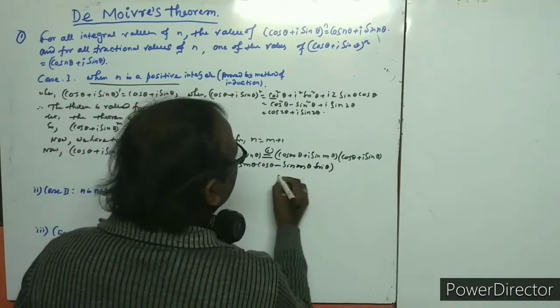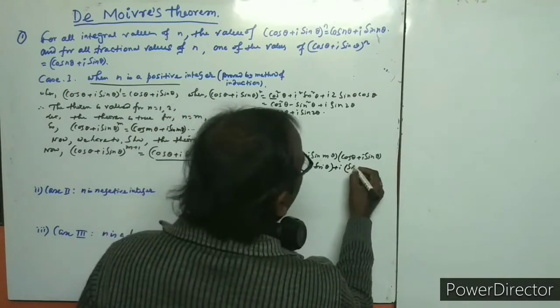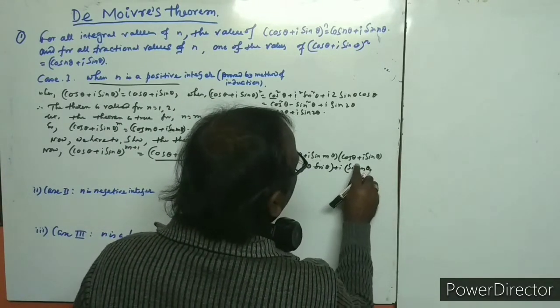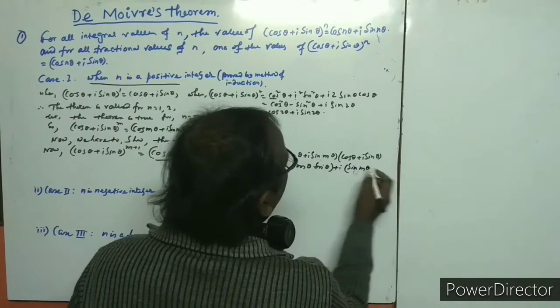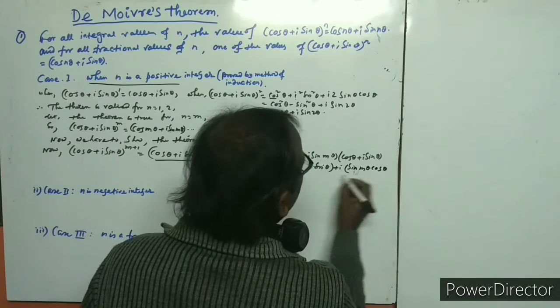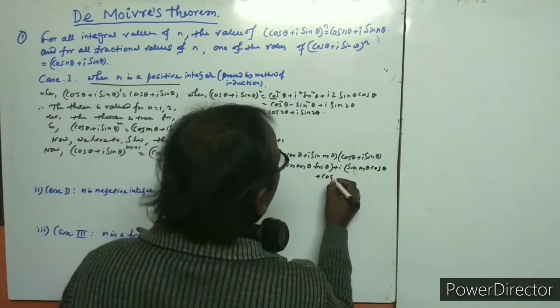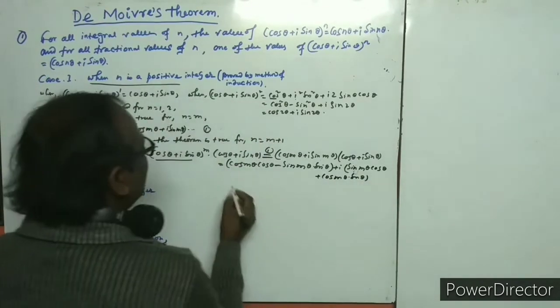Take a common i: this into this, sin m theta and cos theta, plus this into this, cos m theta and sin theta.